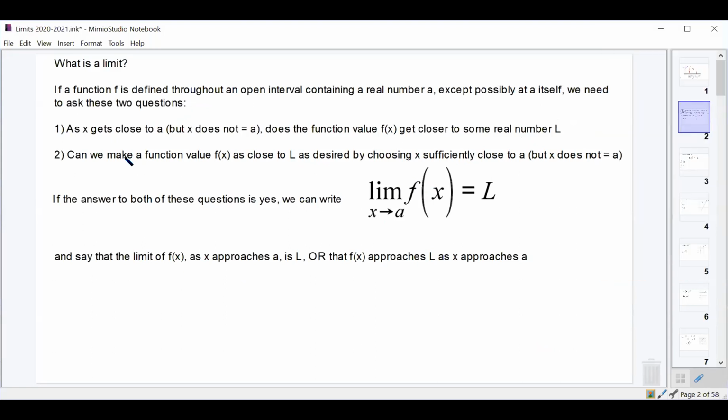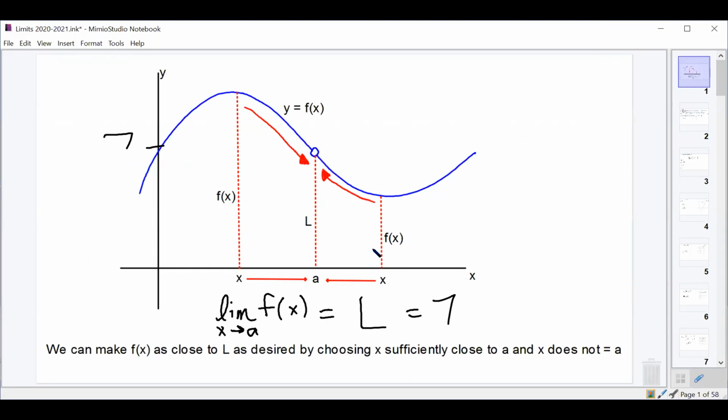The second part is, can we make our function get as close to L as we want by picking numbers that are closer and closer and closer to a? So what that means is, suppose I wanted this to be 6.999. Could I pick some value of x so that when I plugged that value into my function, I would get 6.999 with this function? Yeah. Could I get 6.999999999?